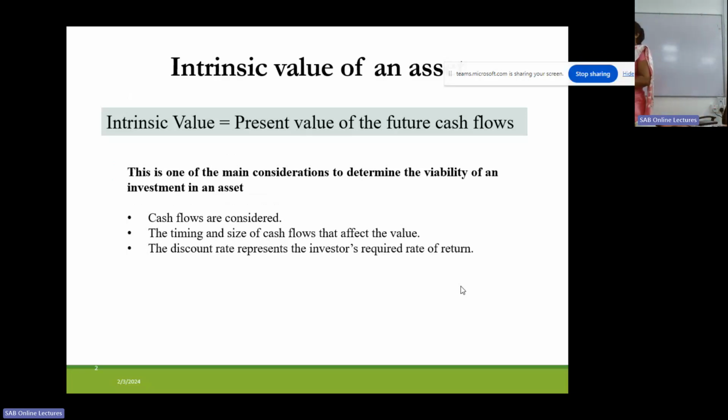Right. Before going to bond valuation, you should know what intrinsic value is. Intrinsic value means simply the present value of future expected cash flows of an asset.